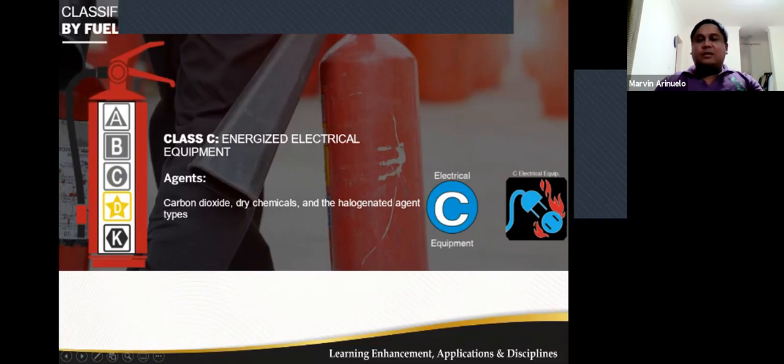For Class D, combustible metal, it requires a special extinguishing agent that does not react with the burning metal. Some of the combustible metals can be extinguished with dry powder, which can be applied with a Class D rated portable fire extinguisher.